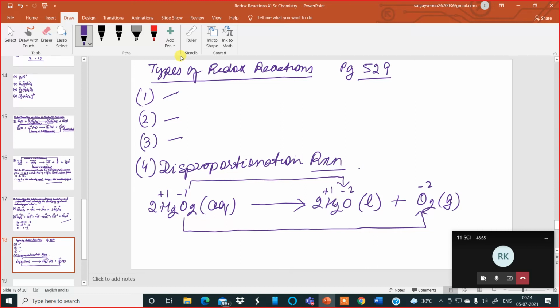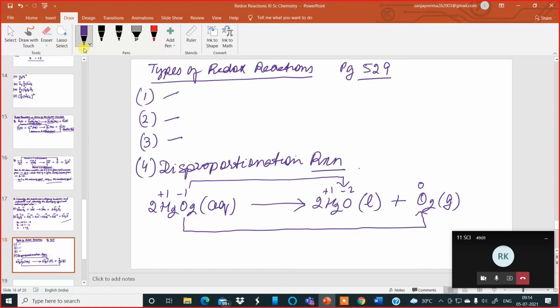The top one is reduction, and this one is oxidation. Just a second, over here oxygen is a molecule, so I have to clarify: oxygen is a molecule, so its oxidation number becomes 0.